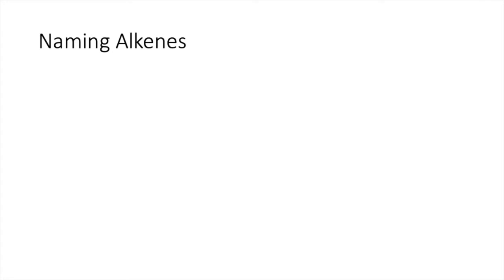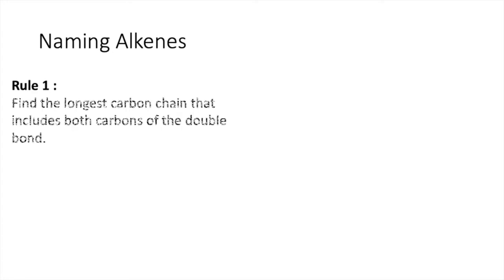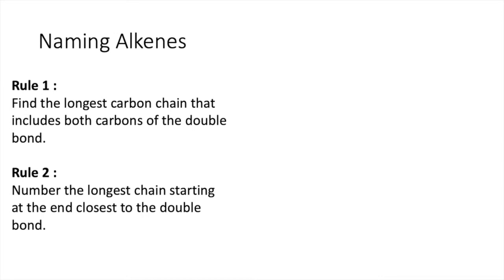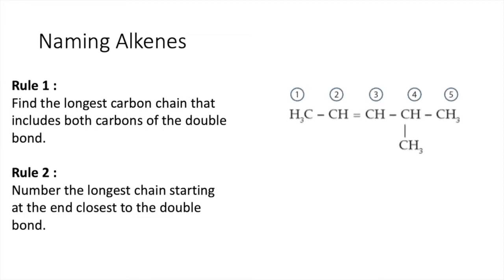Naming alkenes. Rule number 1: find the longest carbon chain that includes both carbons of the double bond. Rule number 2: number the longest chain starting at the end closest to the double bond. This is an example of an alkene.